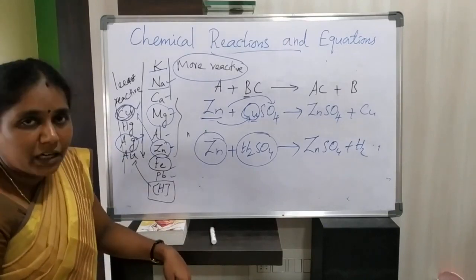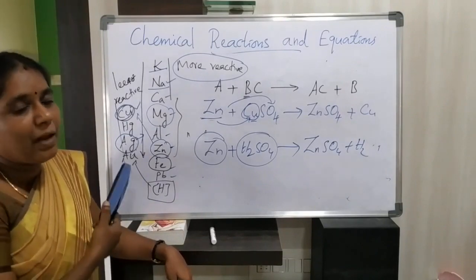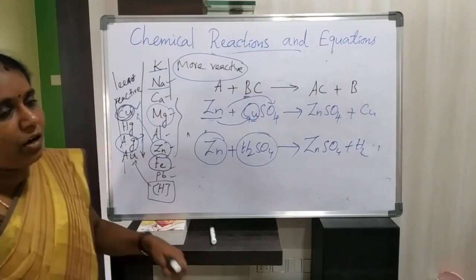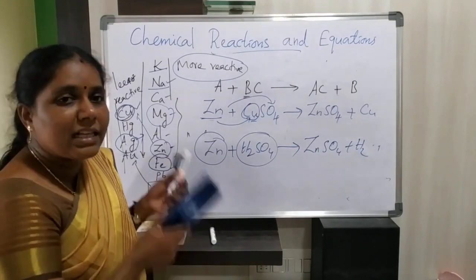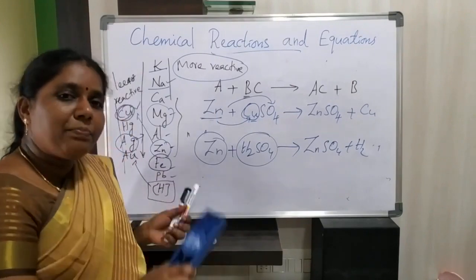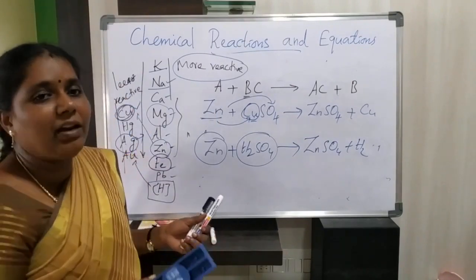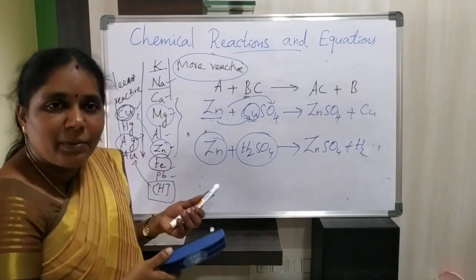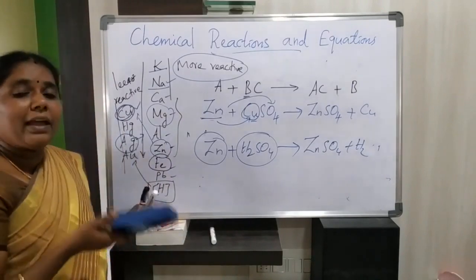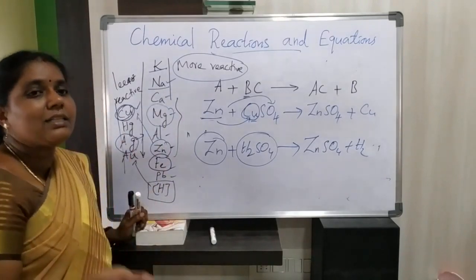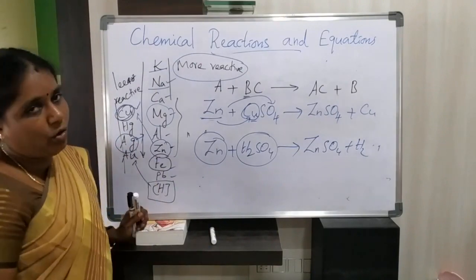To avoid this, we need to keep it immersed in kerosene oil. So keep this in your mind. Metals like sodium and potassium are kept immersed in kerosene oil because they are more reactive elements that immediately react with air and moisture and may catch fire.